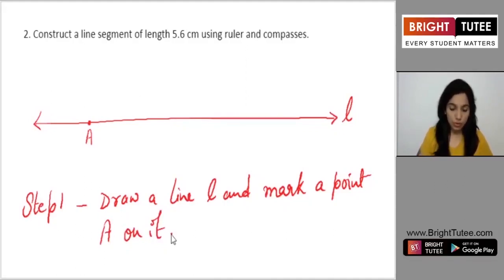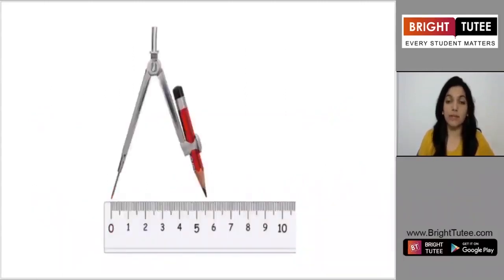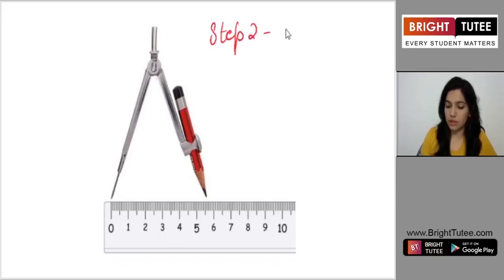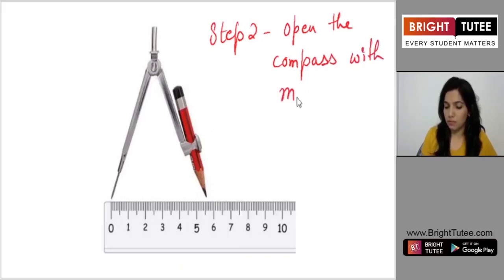Now the second step is to open the compasses till the point where you see 5.6 on the ruler. So step 2 is: open the compass with measure of 5.6 centimeter.